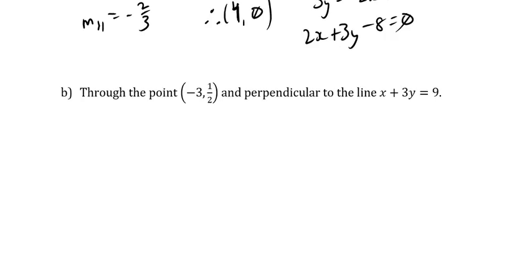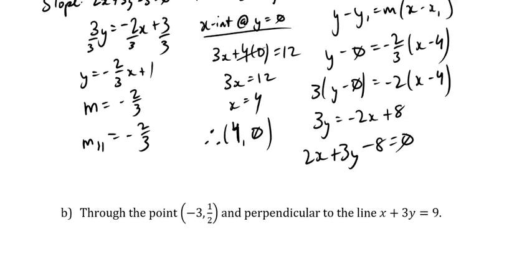But what would this one be like? So through that point and perpendicular to that line, what would that look like? Perpendicular to that line means I have to find the slope of that line and then take the negative reciprocal, right? So kind of like what we did up here, I found the slope of this line, but then I kept it the same.